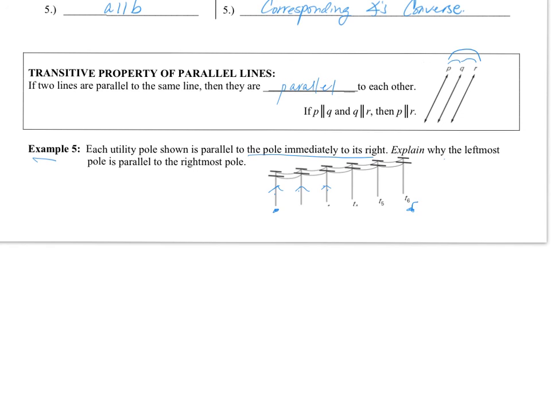So I can use a simple sentence saying T1 is parallel to T2. So this is T1, T2, T3, T4. Then T2 is parallel to T3, so T1 is parallel to T3, and the pattern will continue.